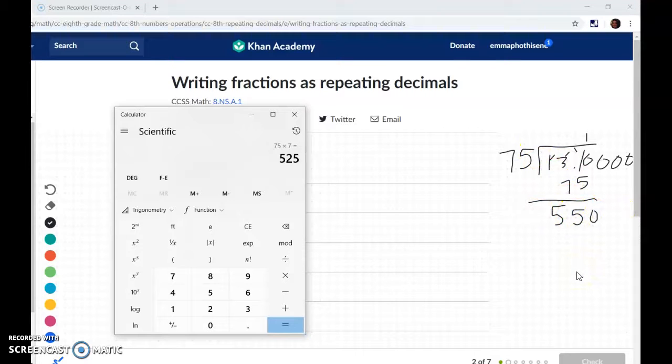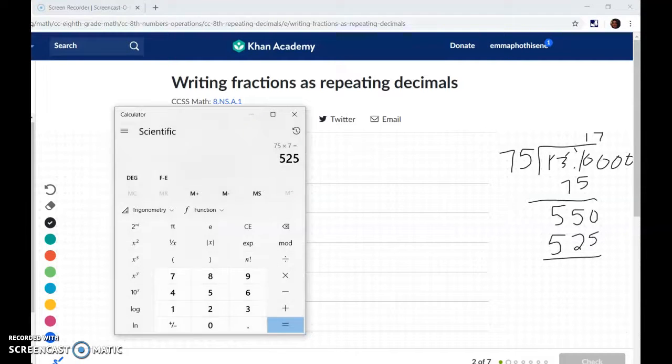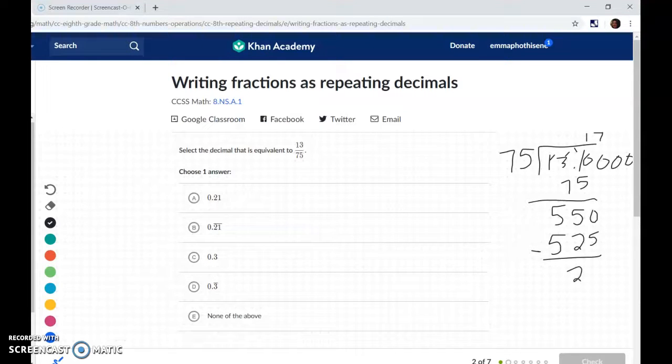So I'm going to write a 7 up here. And that was 525. Right? 525, yes, okay. And then 550 minus 525 is 25.